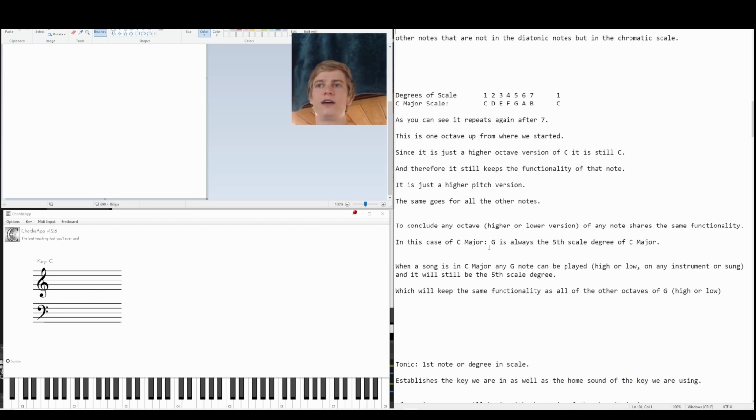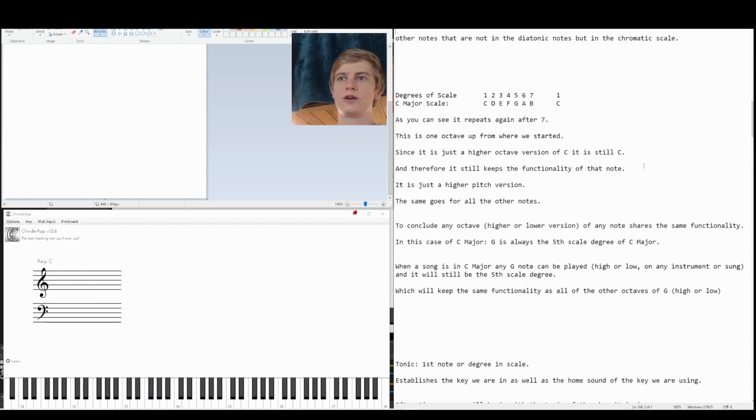So to conclude that, any octave, which means a higher or lower version of the same note, so in this case, I'm going to look at C major, and in C major, G is always the 5th scale degree of C major. So it doesn't matter if I play any of these Gs, it's still going to be the 5th scale degree.